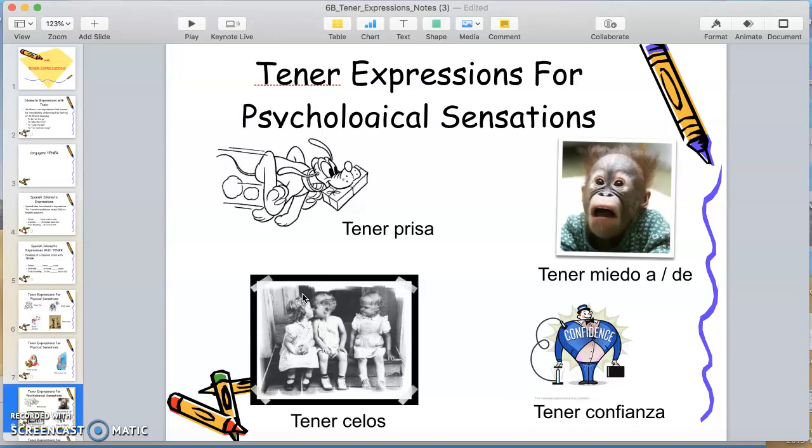Now I can hear in my mind somebody asking, but tener doesn't mean to be. You're right. It doesn't. So tener prisa, how can that mean to be in a rush if tener doesn't mean to be? Because it's an expression and I do not translate it literally. That's the simple, correct response, okay?